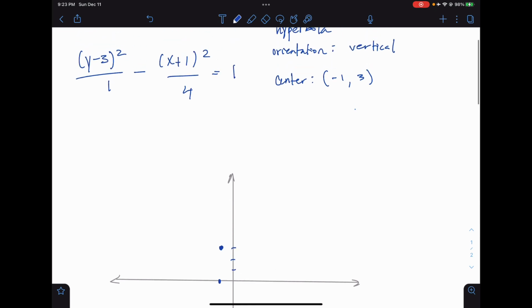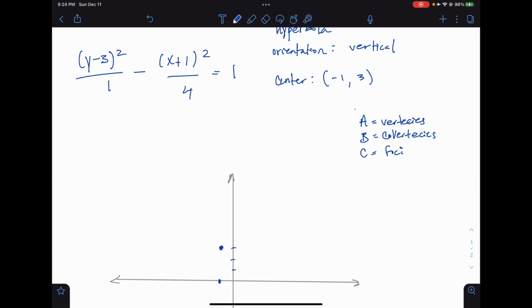And in Delta Math, they use A, B, and C. And A is the vertex or vertices, B is the co-vertex or co-vertices, and then C is the foci.